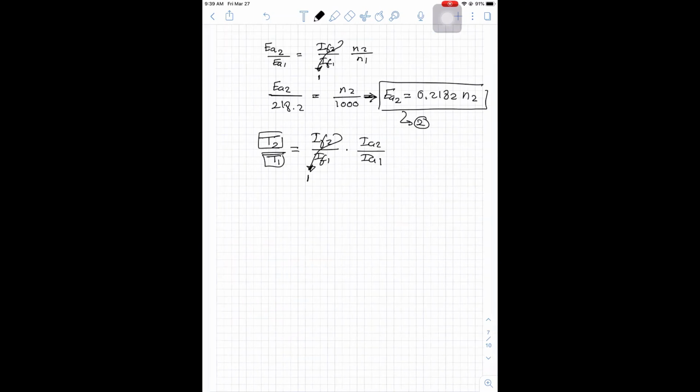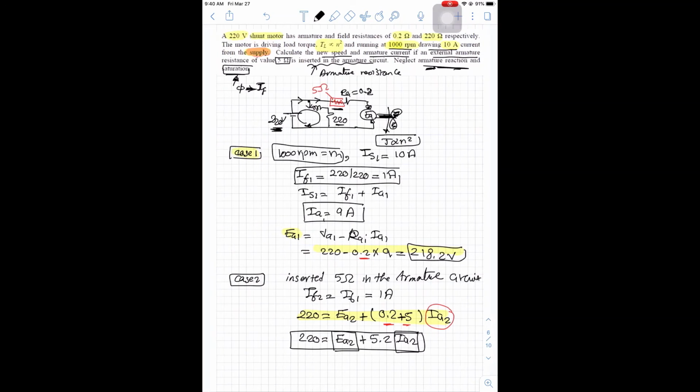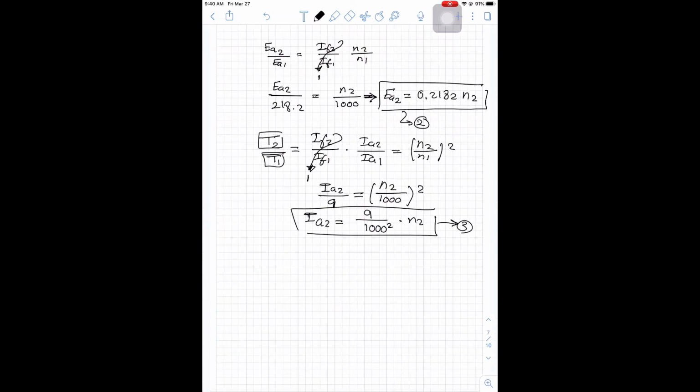So we can write N2 divided by N1 all squared. So here we have I armature 2 divided by 9 equals N2 divided by 1000 RPM squared. So I armature 2 equals 9 divided by 1000 squared multiplied by N2. This is equation 3.